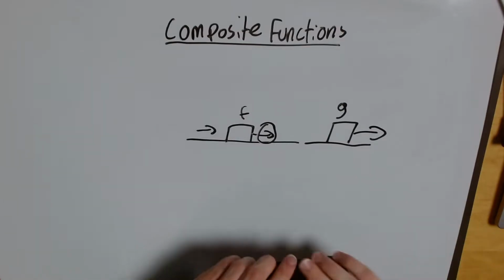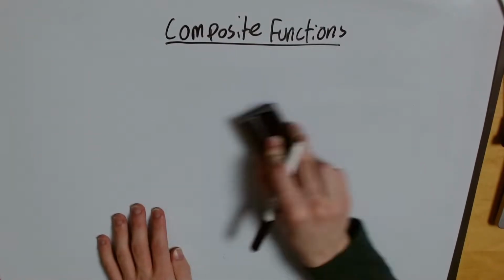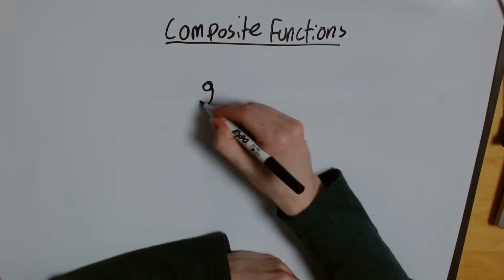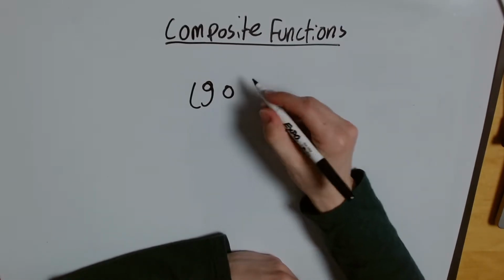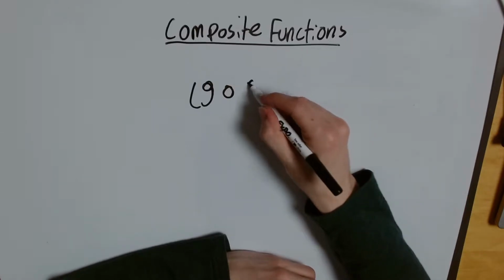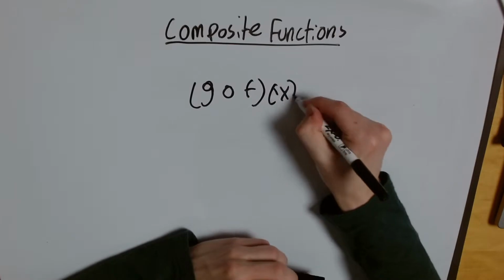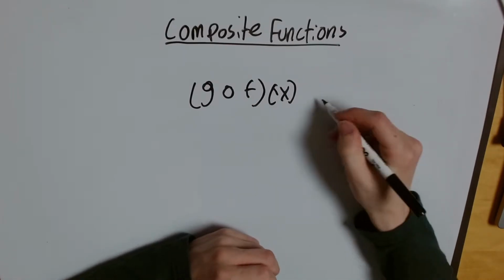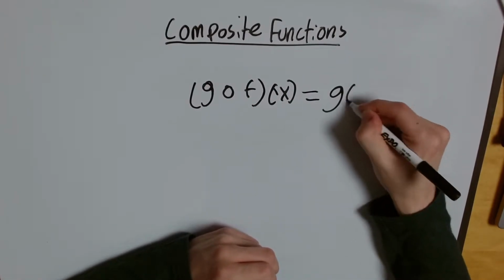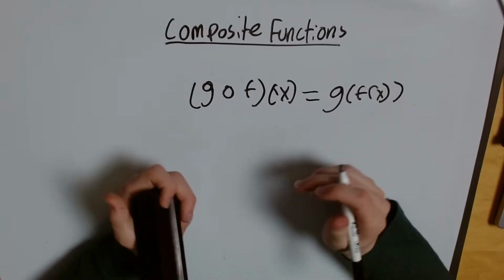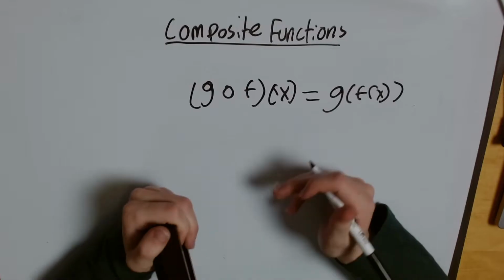Now, you may also see it written as g composed with f of x, and this symbol basically means the same thing as g of f of x. You'll see this written a couple of times depending on what textbook, learning resource, or teacher you have.